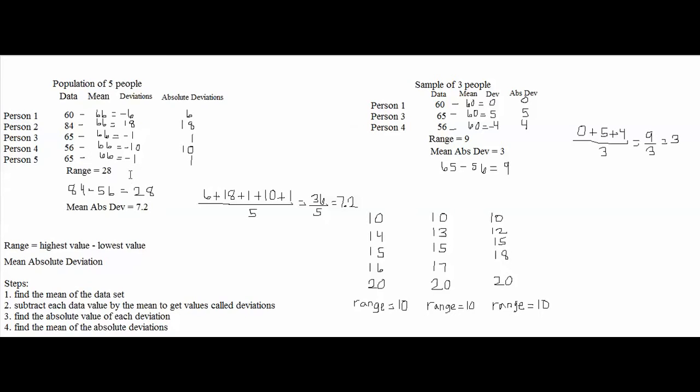So the formula ends up at a dead end, and you don't want that to happen. So what you do is you find the absolute values of the deviations, which makes all the numbers positive, and then the numbers don't add up to 0. Since these numbers don't add up to 0, you can find the mean of these numbers, even though you can't find the mean of these numbers over here, since they add up to 0.